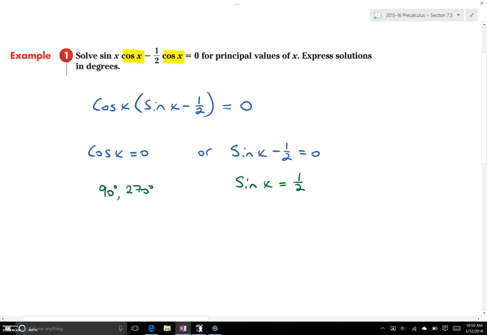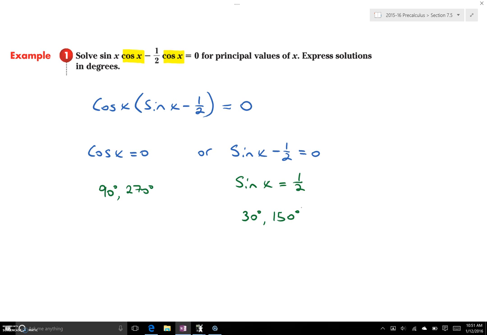And again, from the unit circle, we can tell that sine of x is 1/2 at 30 degrees, and also, over on the other side, 150 degrees. So these are all the answers between 0 and 360.